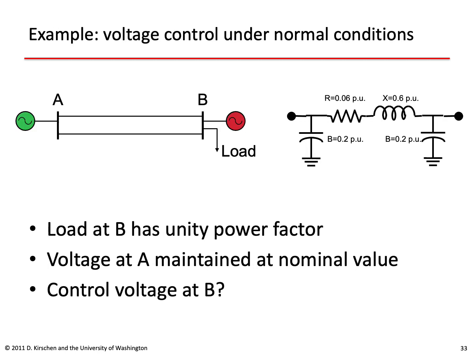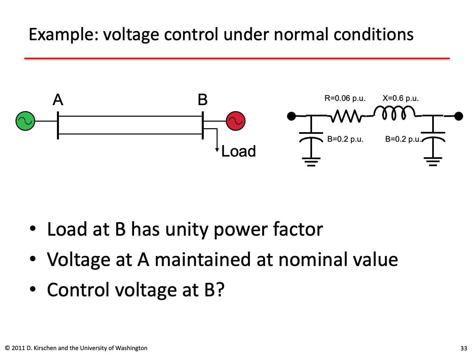Let's go back to a simple example to see how voltage control services might work. We'll use a slightly more detailed model of the lines that includes the resistance, the reactance, and the shunt susceptance of each line. We'll assume that the load at B has unity power factor and that the voltage at A is maintained at nominal value by the generator connected to that bus.